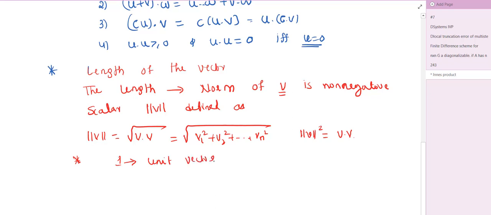And if we divide a non-zero vector V by its length, that is norm V, then this vector is actually the unit vector u of length 1. We obtain the unit vector because of the length, which is the norm. The process of creating u from V is sometimes called normalization.